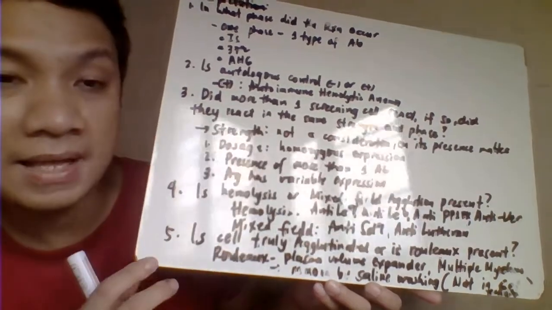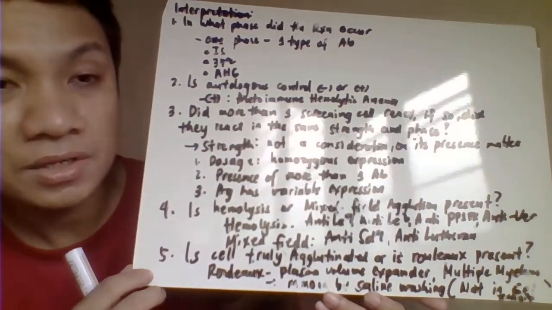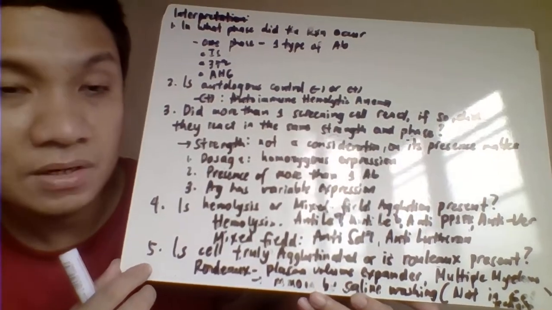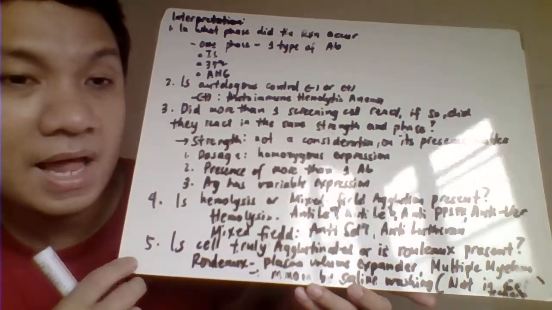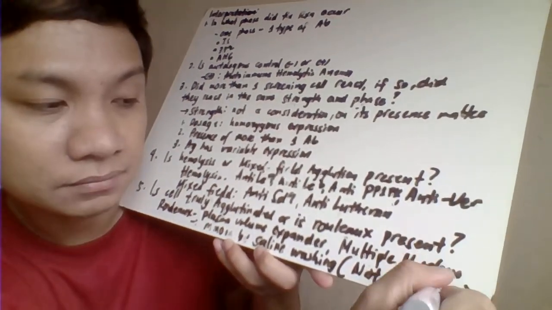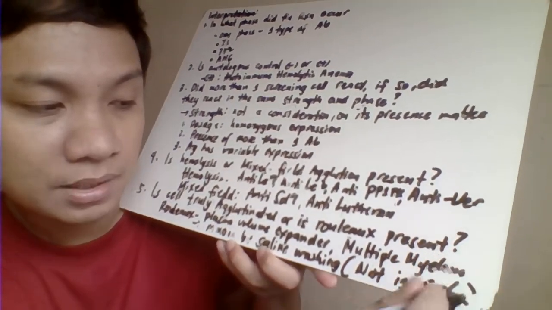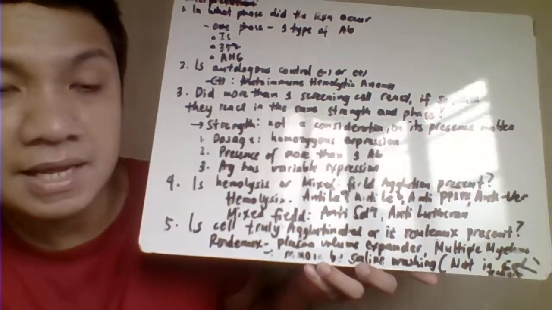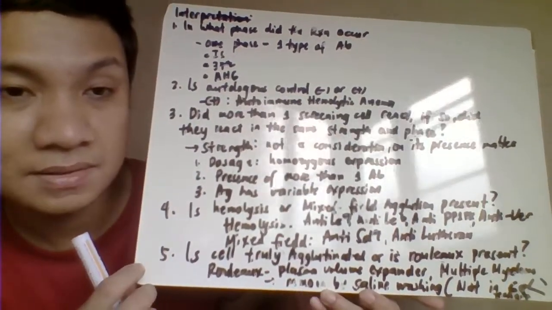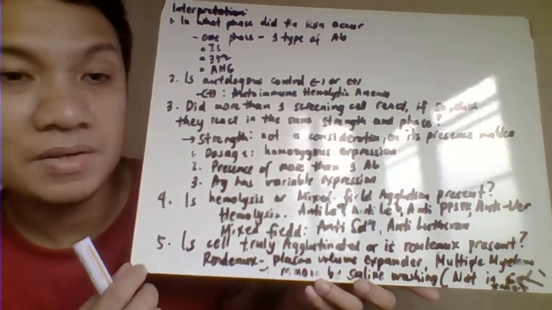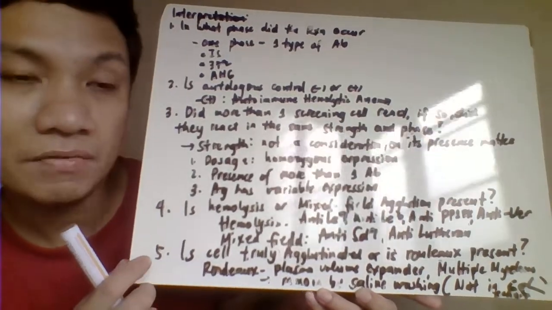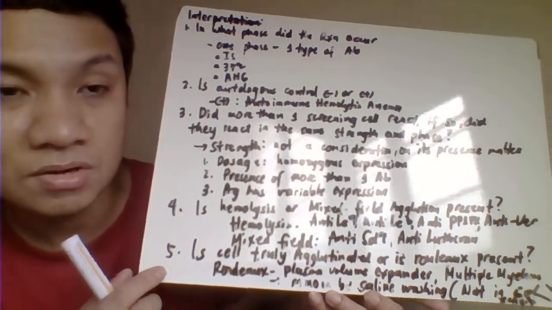Magiging problem natin ang ating interpretation, especially for the presence of your plasma proteins having the rouleaux formation, if you are using your gel technique. Okay, your gel, nabubura na sila lahat. Your gel technique natin, hindi ka nagpe-perform ng saline washing for 3 times. And therefore, it might cause here error in the interpretation. Baka sabihin mo na positive reaction yan because may agglutination.